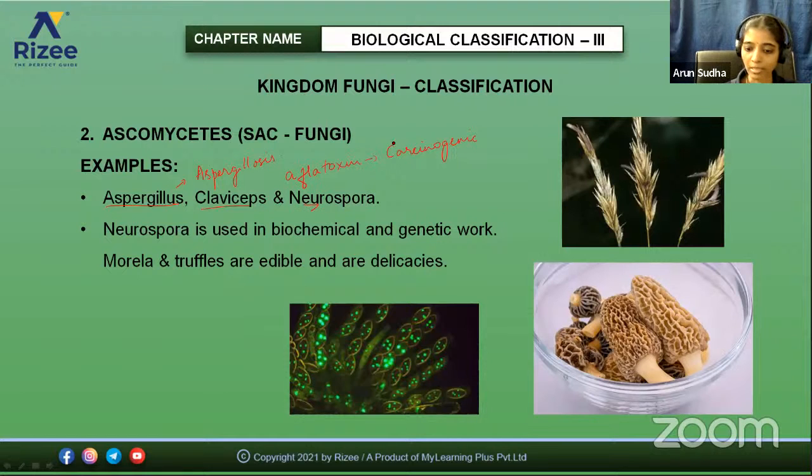Claviceps causes ergot disease of Bajra. And Neurospora is used for genetic and biochemical studies, and it is called the red and pink mold.